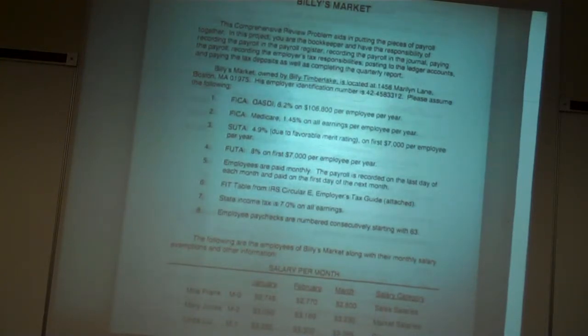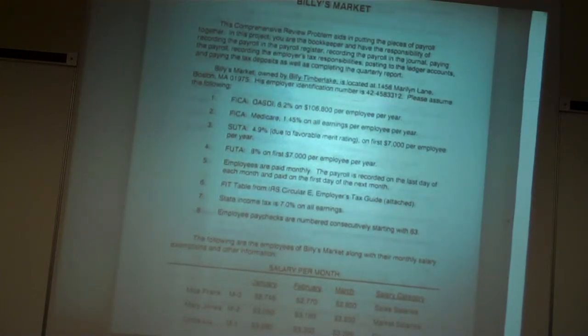Billy's Market, owned by Billy Timberlake, is located at 1456 Maryland Lane, Boston, Massachusetts, 01975. His employer identification number is 42-4583312.